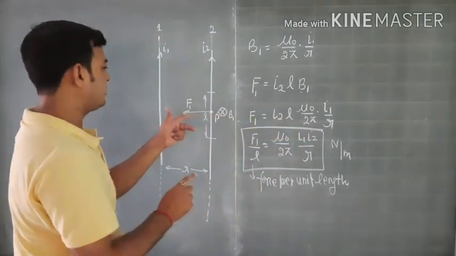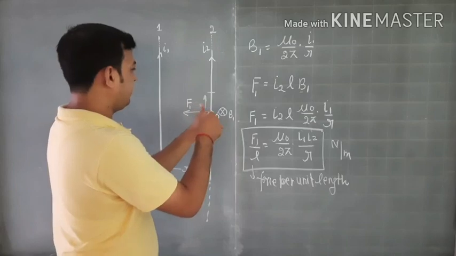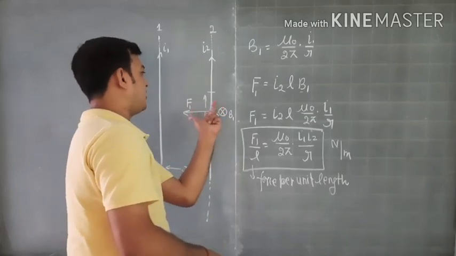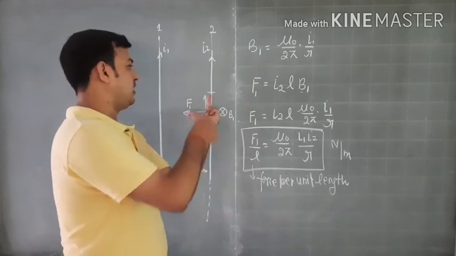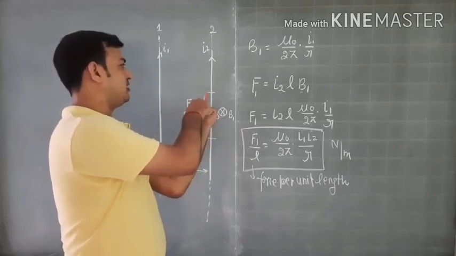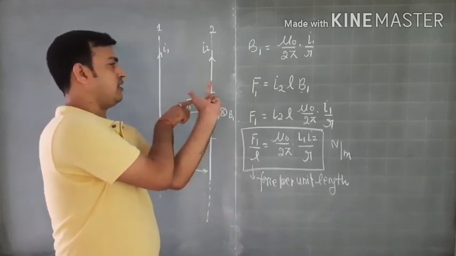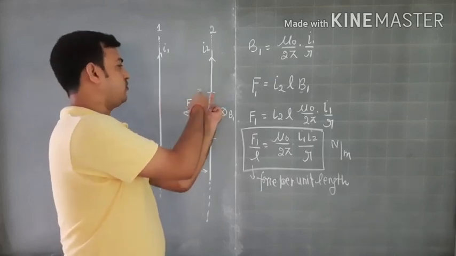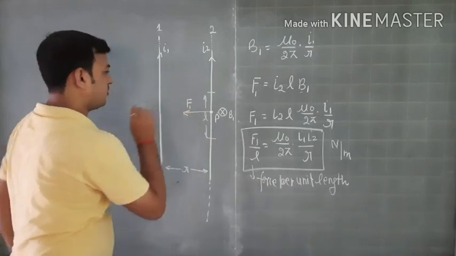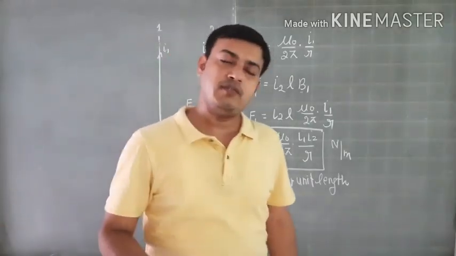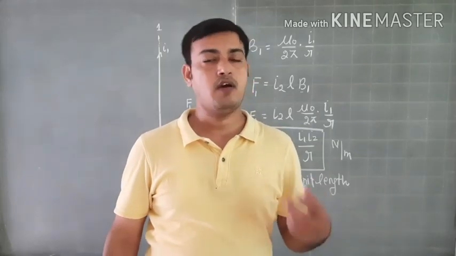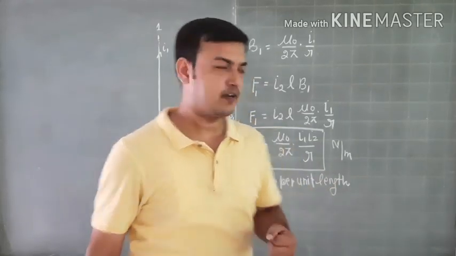As per this situation, my magnetic field is into the board and the current is upward. So for current upward, I will rotate my hand like this. Now the middle finger is in the direction of current, the forefinger is in the direction of magnetic field, and my thumb is towards left. So this is the direction of force. By both ways you can find the direction of force, either by the screw rule or by Fleming's left hand rule.